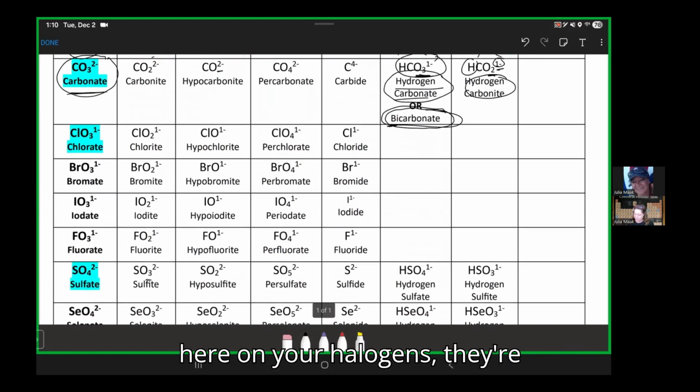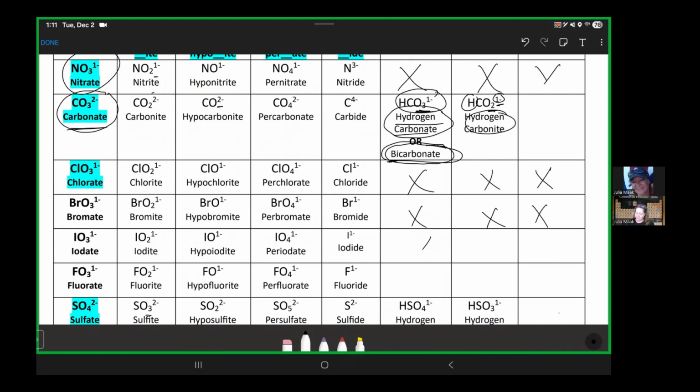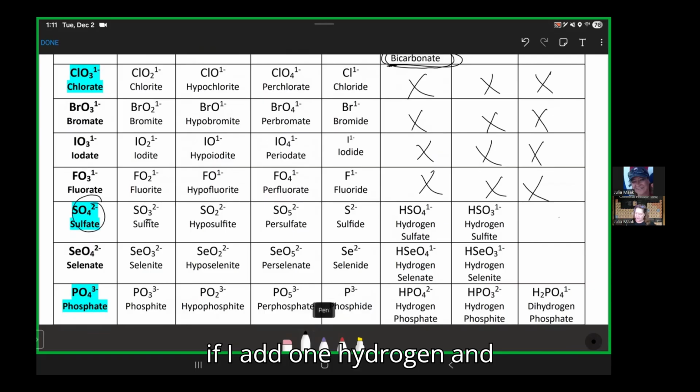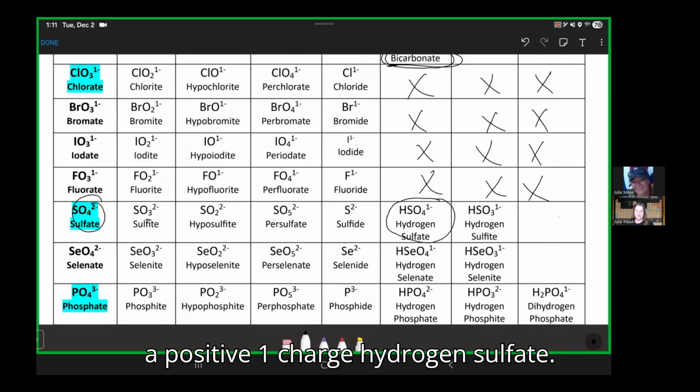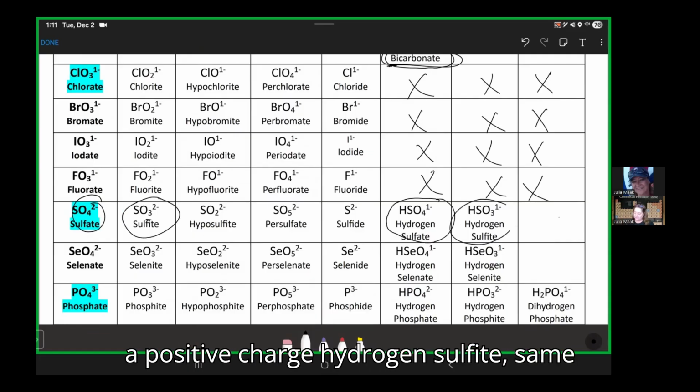Okay, so here on your halogens, they're all -1, so we're not going to do it. Okay. So for your sulfate here, if I add 1 hydrogen and a +1 charge, hydrogen sulfate. Sulfite, same thing, add hydrogen and a positive charge, hydrogen sulfite.